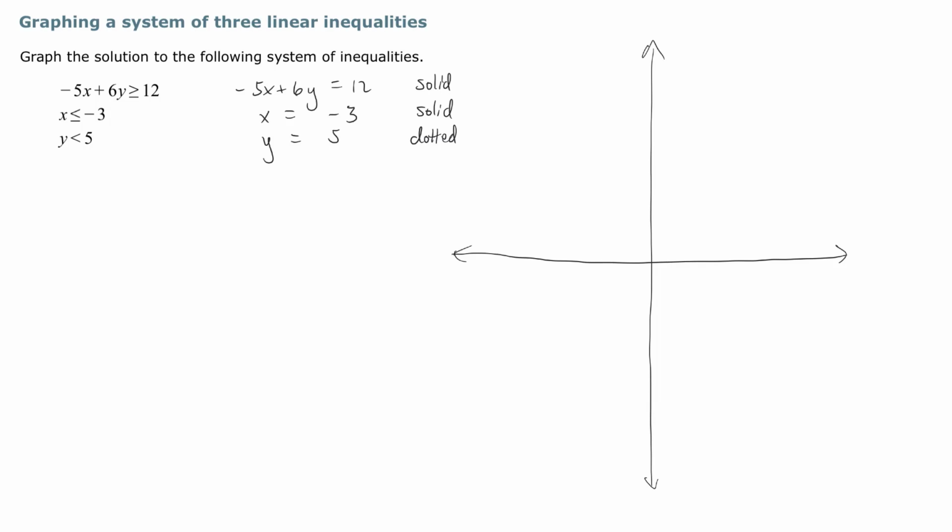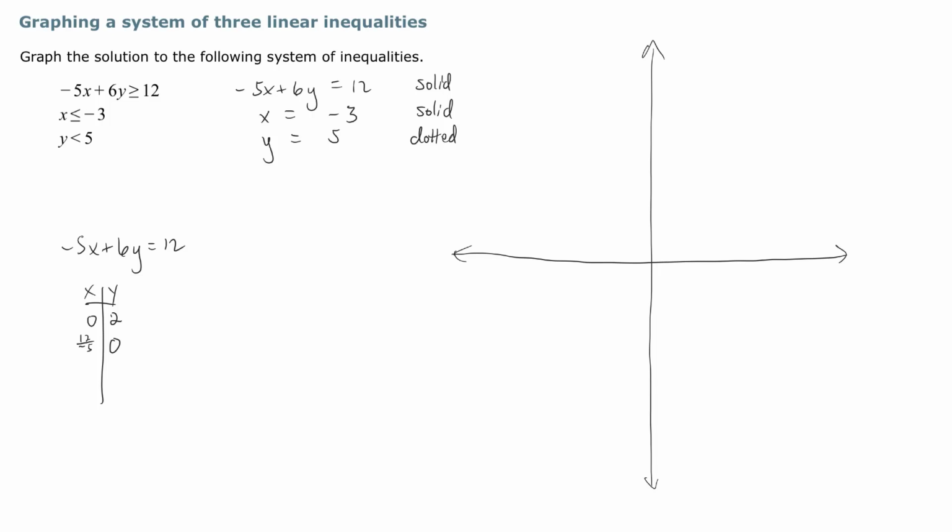I'm going to create a t-chart for the very first equation, negative 5x plus 6y is equal to 12. Let's do a quick t-chart here. So when x is 0, y is 2. And when y is 0, x is what? 12 over negative 5.